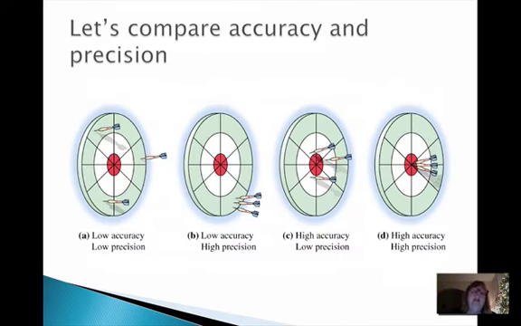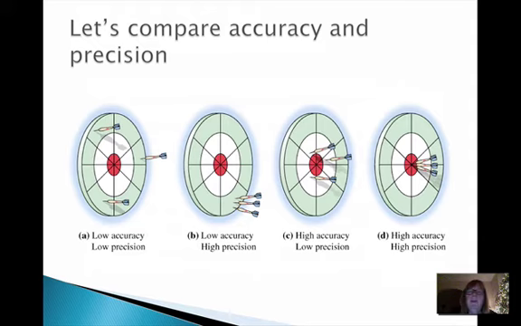Okay, let's compare accuracy and precision. We're going to say that the bullseye on this target is the true value or the accepted value. So in that dartboard, nobody's close to the bullseye, so nothing is accurate. And the darts are not close to one another, so nobody is precise. In B, nobody hit the bullseye, nobody was accurate.